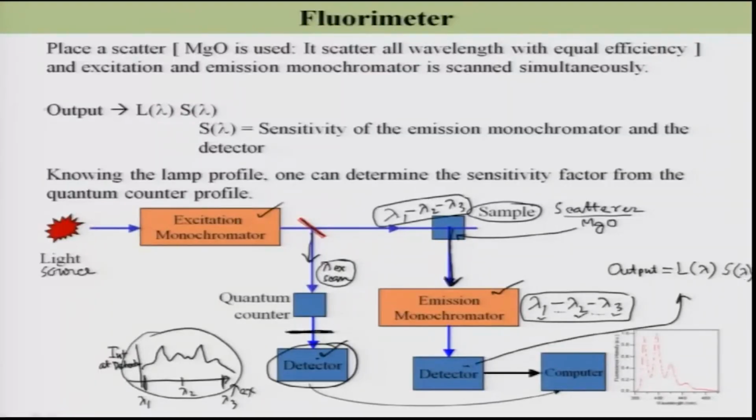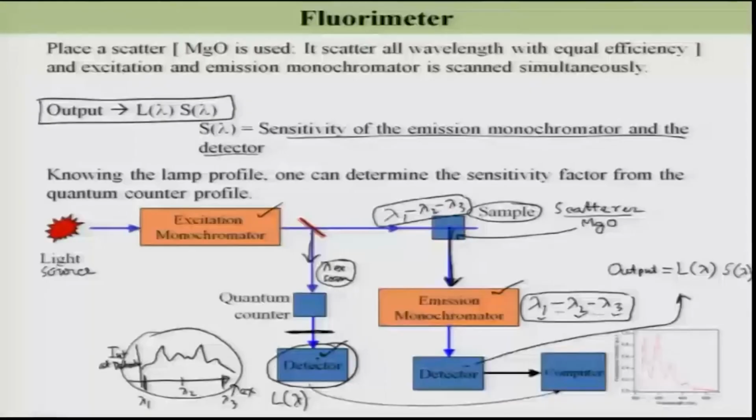So, the output is L lambda into S lambda. S lambda is the sensitivity of the emission monochromator and the detector. So, what did you get? You got L lambda S lambda from here, and you got only L lambda from the quantum counter. So, you just divide L lambda S lambda by L lambda, you will get S lambda, and S lambda is nothing but your correction file. That correction file you will be able to generate.